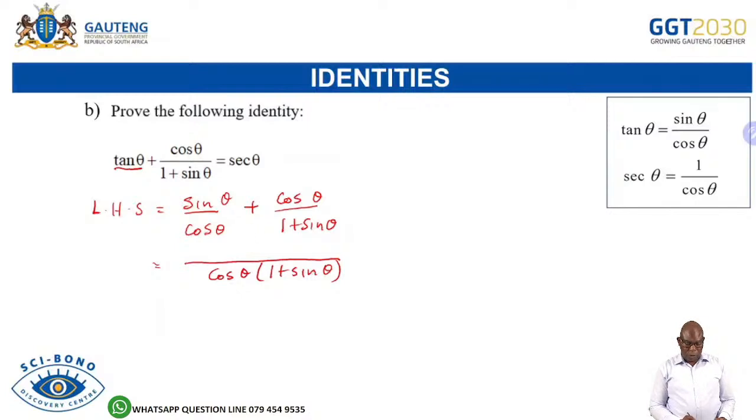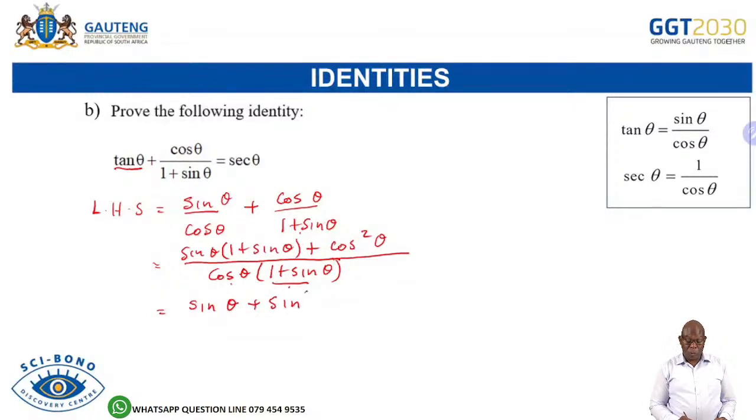So now the cos and the cos here, I'm left with this. I multiplied it with the top one, so I'll have 1 plus sine theta plus, then this one and that goes cos, and then I'll have cos squared of theta. So now I'm multiplying the sine inside the bracket.